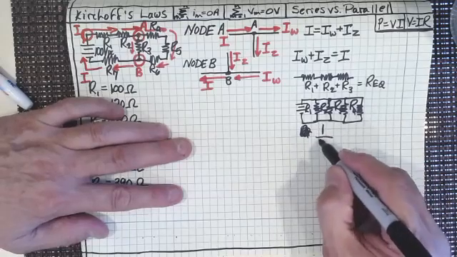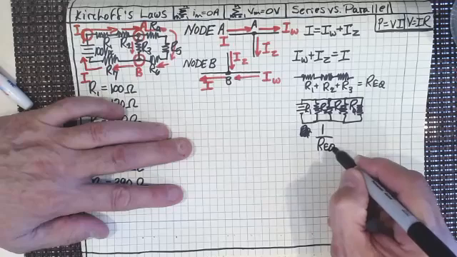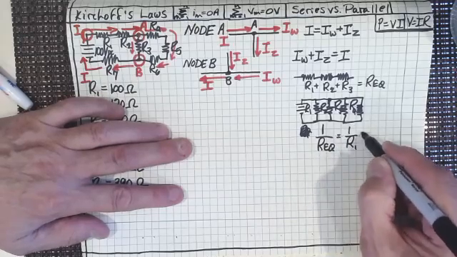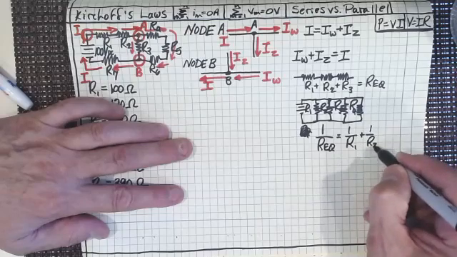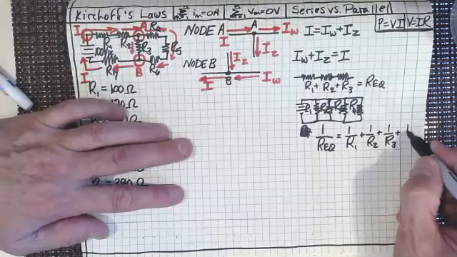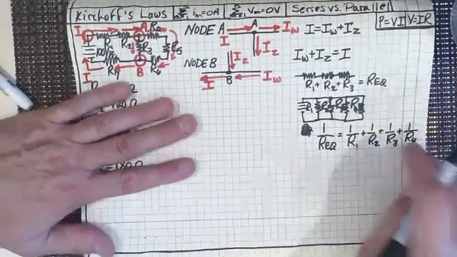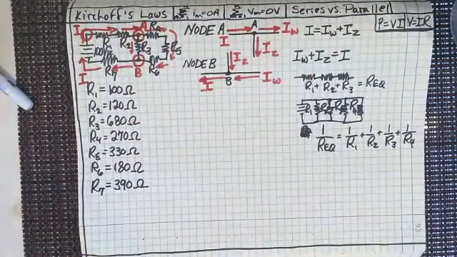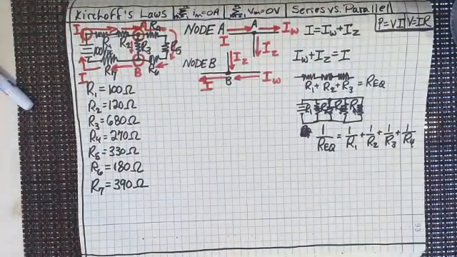Make sure you write this down. 1 over my equivalent resistance is going to be 1 over R1 plus 1 over R2 plus 1 over R3 plus 1 over R4. And yes, you start to practice using your reciprocal key on your calculator because you're going to need it.